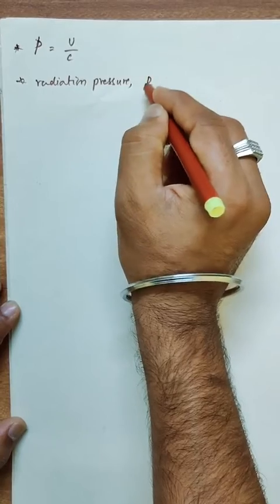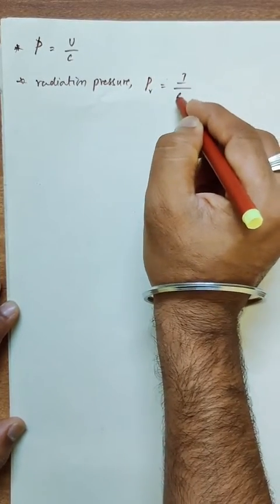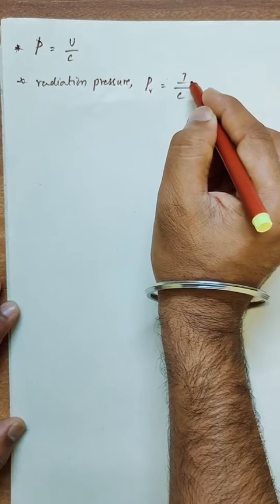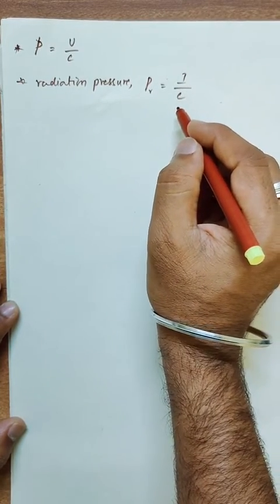That is P or P R is equal to I divided by C, where I is the intensity of the electromagnetic wave and C is the speed of light.